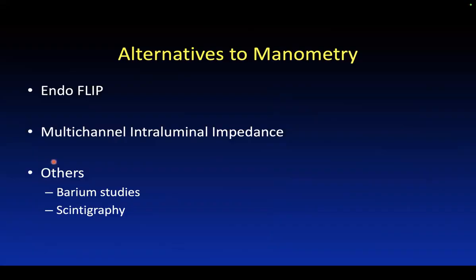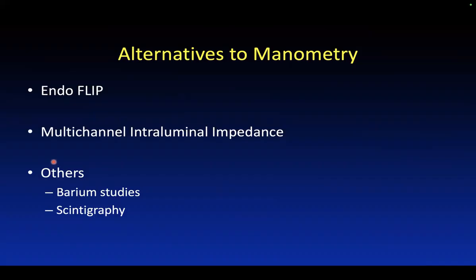So we do have certain alternatives to manometry, which may or may not be exploring some of these avenues. You have the EndoFLIP, that is the functional luminal imaging probe. You have the capacity to also do an impedance study that is called multi-channel intraluminal impedance, which can be done along with the manometry.